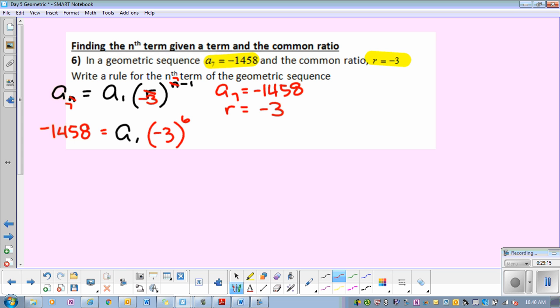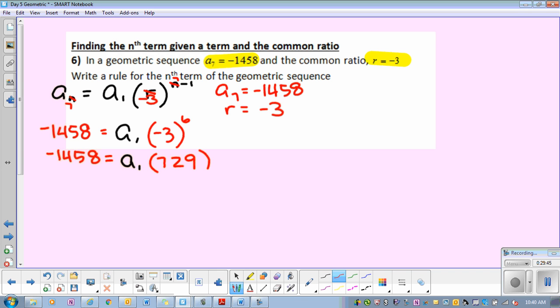Do you see how you're going to be able to solve for a sub 1? Find negative 3 to the 6th power. That has parentheses around it, so please make sure you put parentheses. What's negative 3 to the 6th power? 729. Thank you, Ethan.